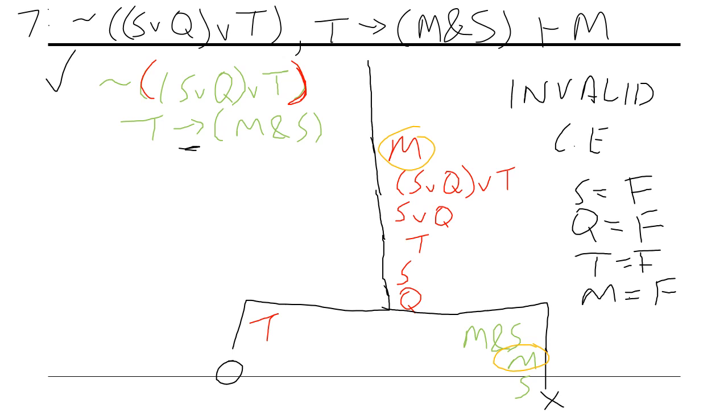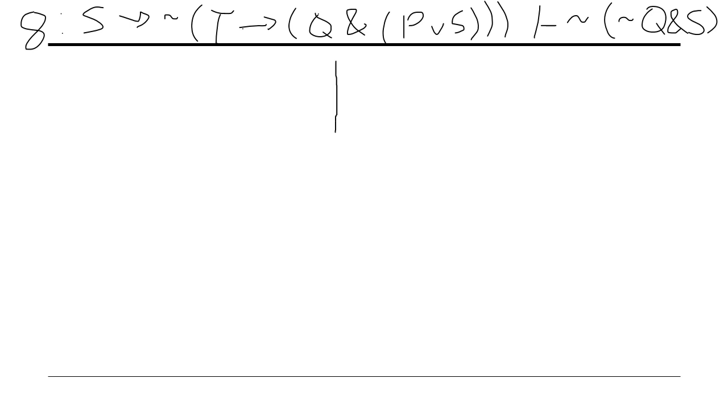Again, we're just going back up through this branch, and we're looking at which side these letters are on. So that is problem 7. Now, on this one, it looks like we just have one really long premise. S, T.